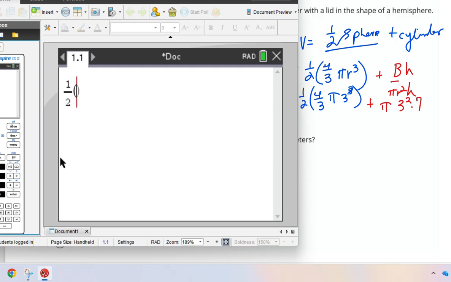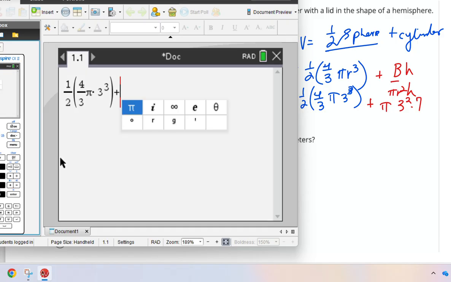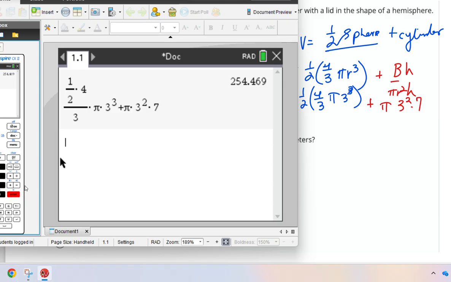And I'm going to do parentheses of 4/3, and I'm going to go pi times 3 cubed. All of that plus the cylinder, which is pi times 3 squared times 7. 254.77 like that.